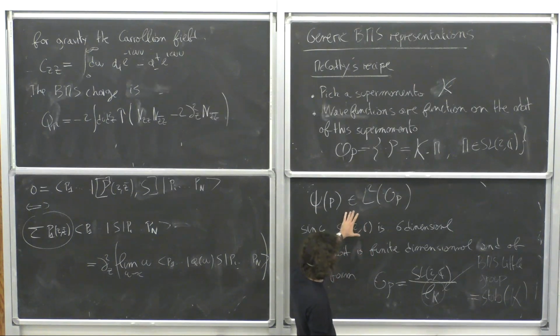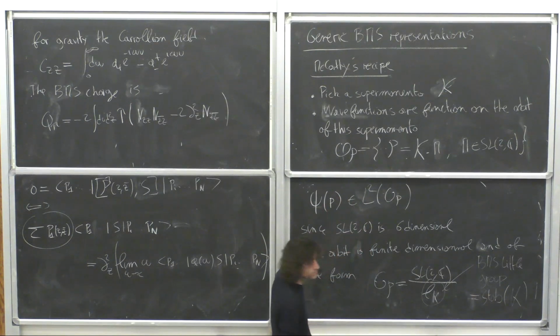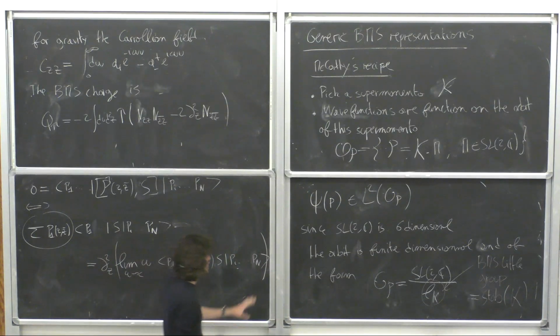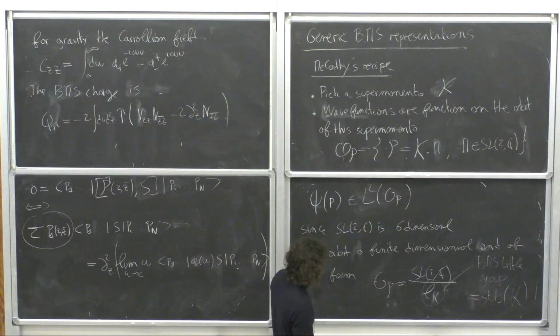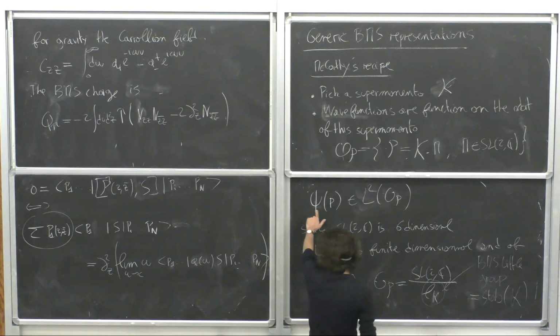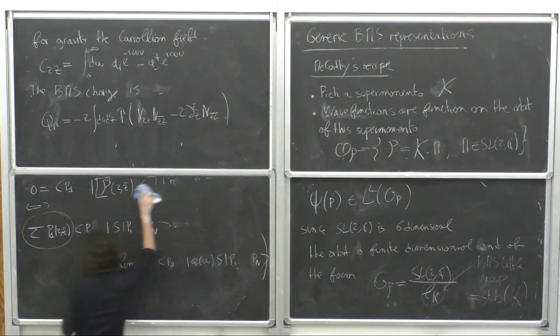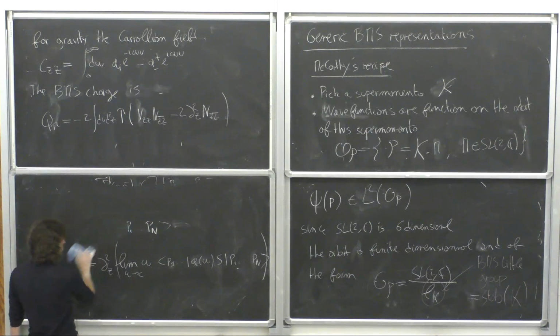So in particular, all these representations are L2 functions on a finite dimensional manifold. They are all going to be separable Hilbert spaces. Now the Hilbert space is the space of functions here. So BMS representations are not that bad from this perspective.